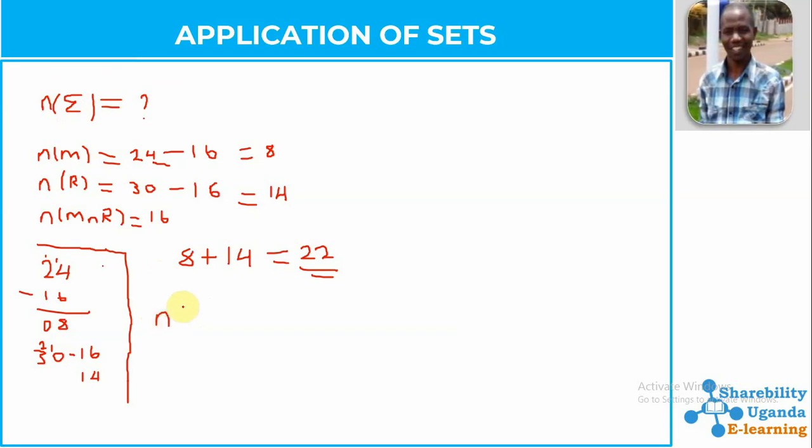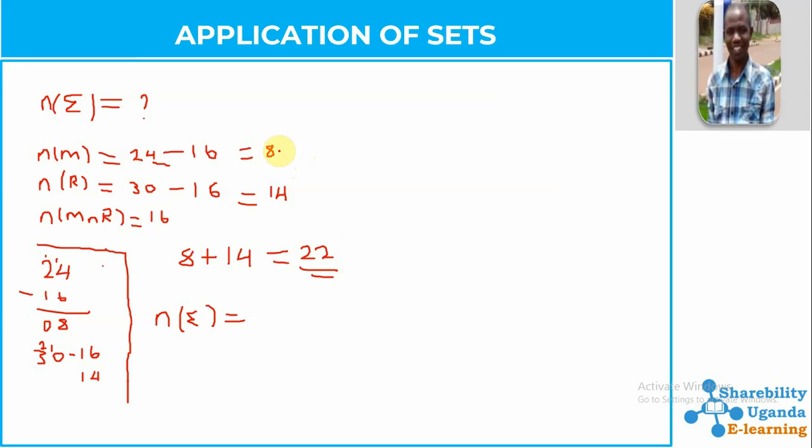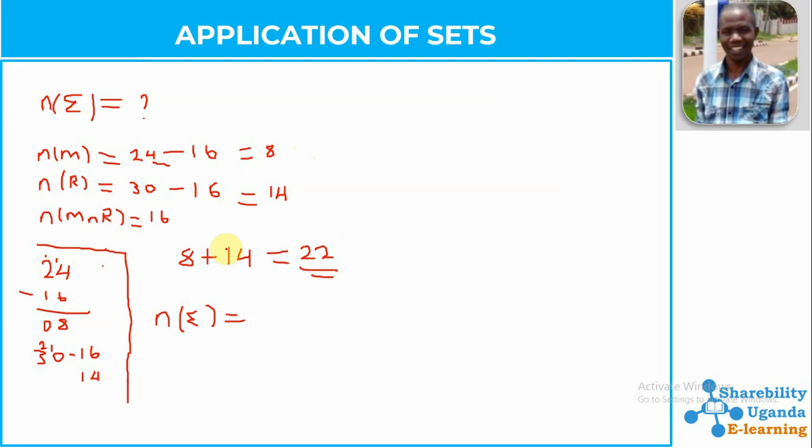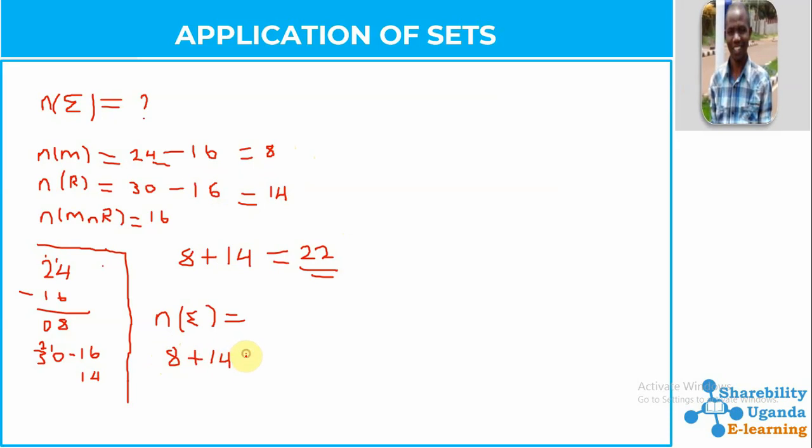To get the total number, that is the n of the union, we pick those pupils who only take one food, where we have 8 and 14, plus those who are taking both, 16.